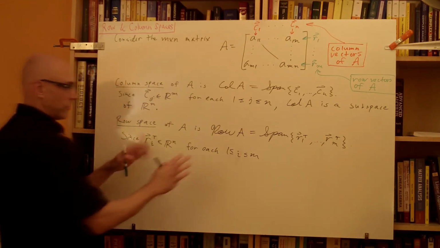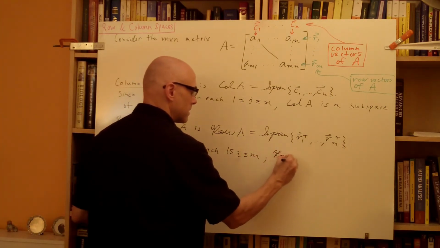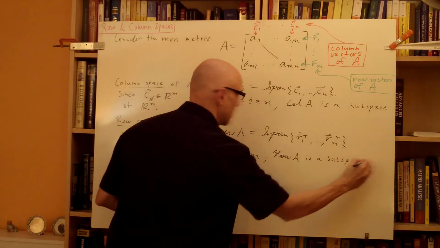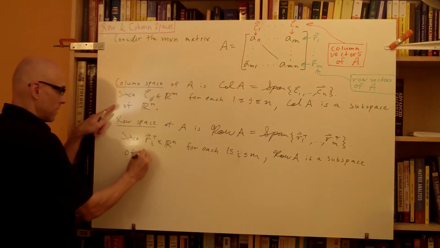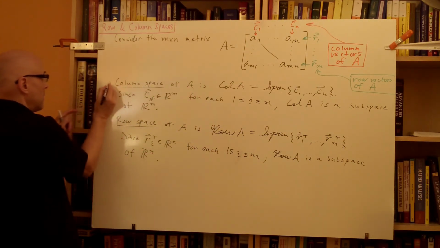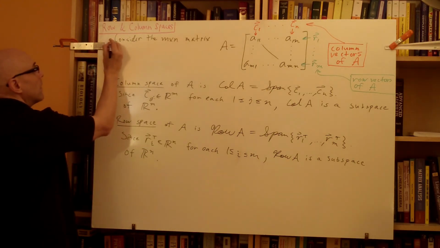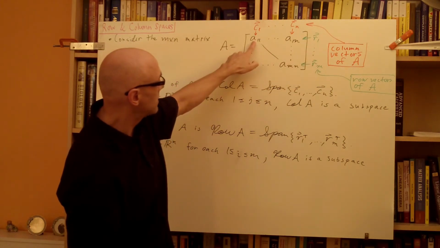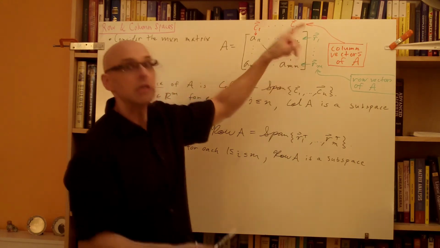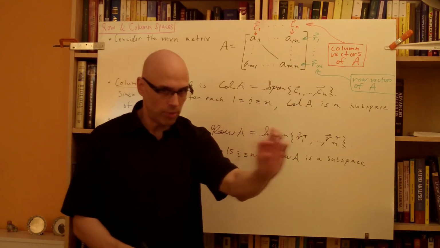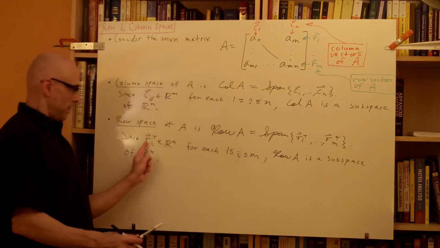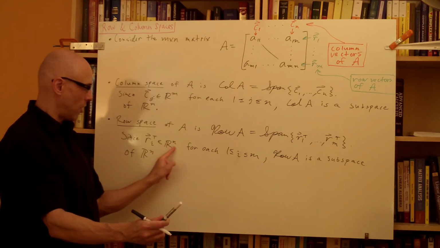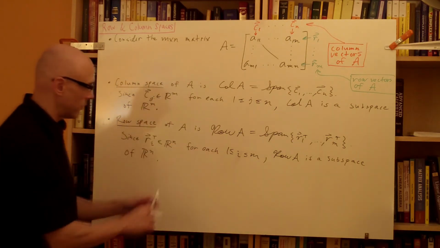Okay, so the row space of A is a subspace of Rn. R1, for instance, has coordinates A11 through A1n, so it has n components, n coordinates. So R1 transpose likewise has n coordinates, so it's an element of Rn. Okay, so this is covered.